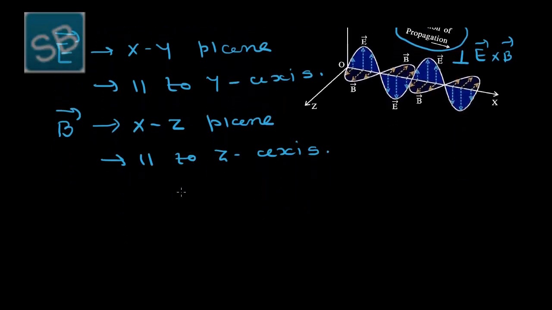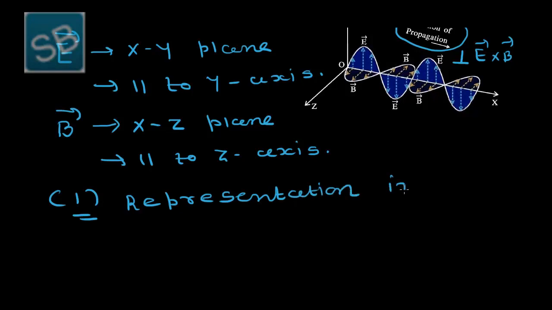Now, the first characteristic for electromagnetic waves is the representation of electromagnetic waves in the form of an equation.